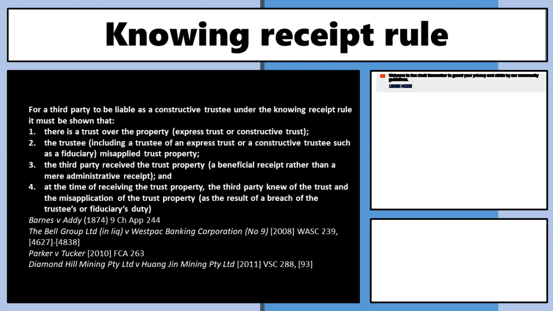And you've got to prove knowledge. But going back to Fire and Safety Construction, that goes through and talks about all of these ways that you can go about proving knowledge. And in the case of the knowing receipt rule, constructive knowledge is fine.